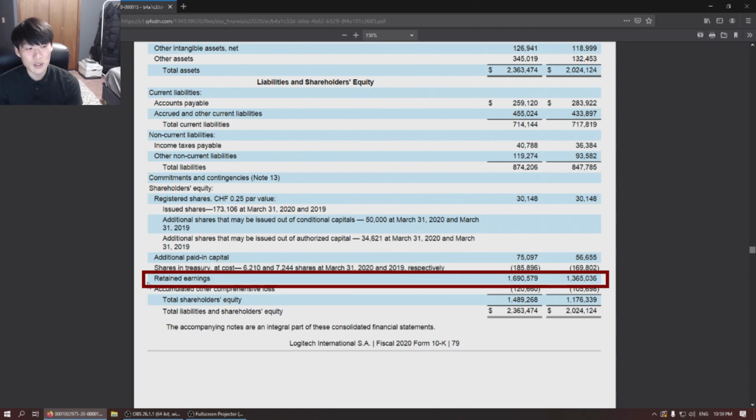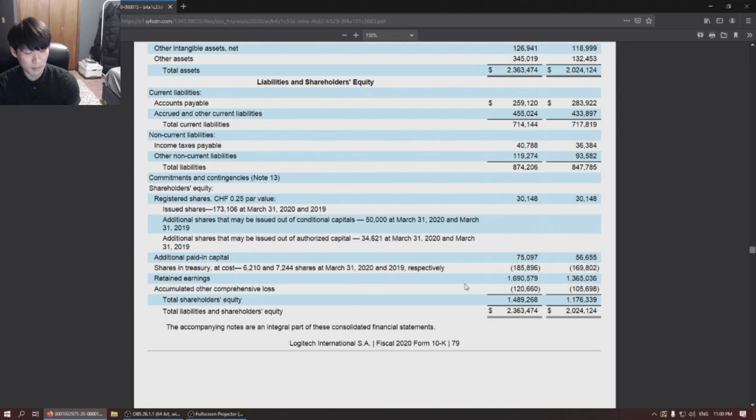Retained earnings means all the money that's left over minus the dividends. This company does pay a dividend, but I think it's almost 1%. It's not that high, but that is what retained earnings is. Whatever's left over minus the dividends, okay? And we set that at $1.6 billion for retained earnings. So it has increased, which is great.